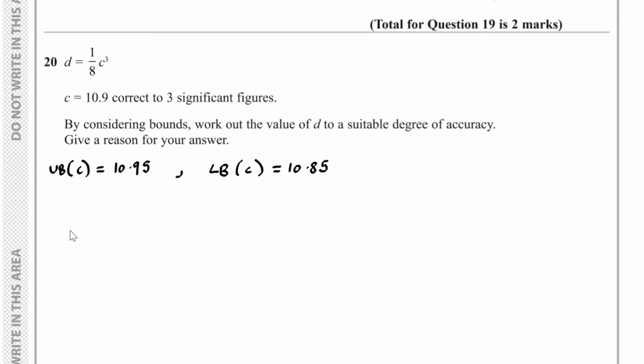So from this we can find out the upper and lower bounds of d. The upper bound of d, that's equal to 1/8 times by the upper bound of c cubed. So here we have 1/8 times by 10.95 cubed.